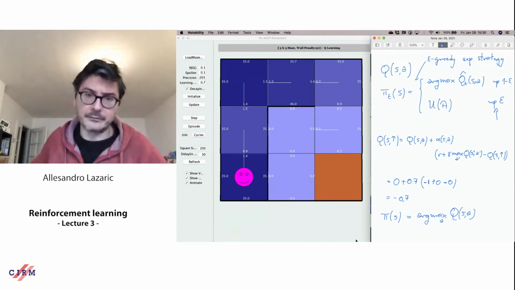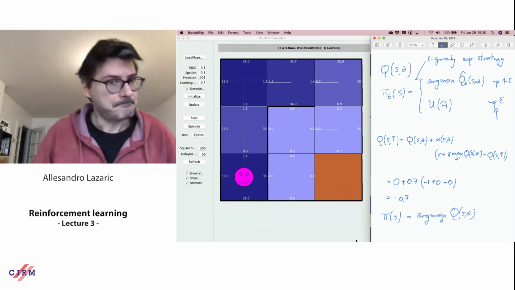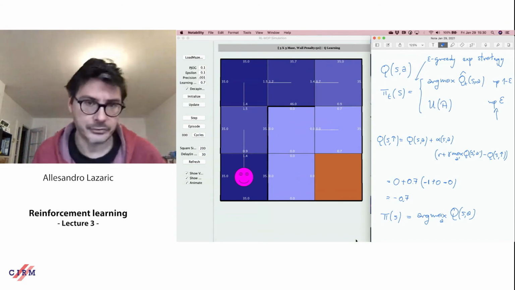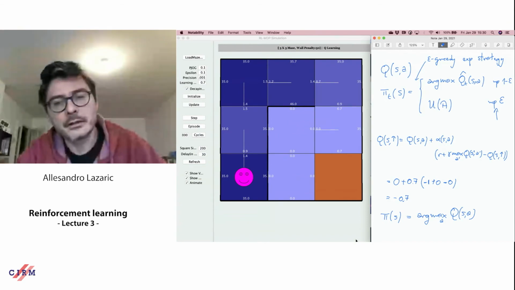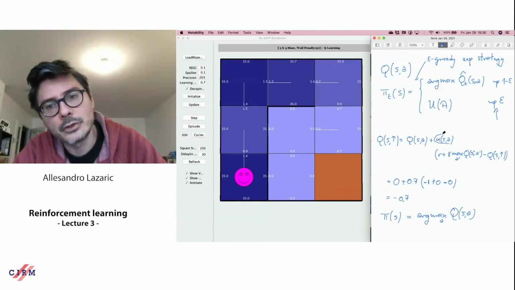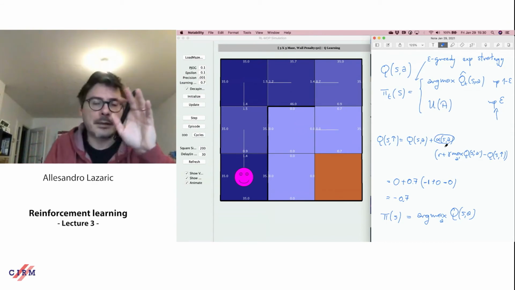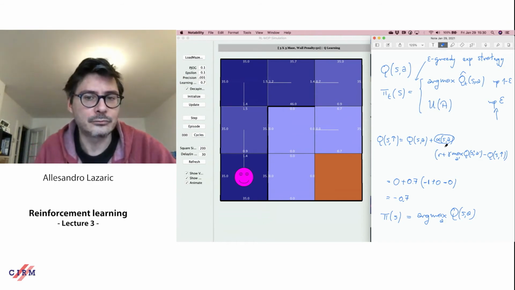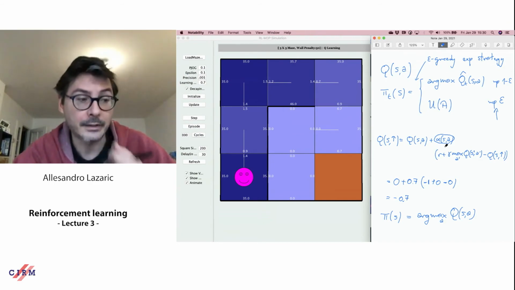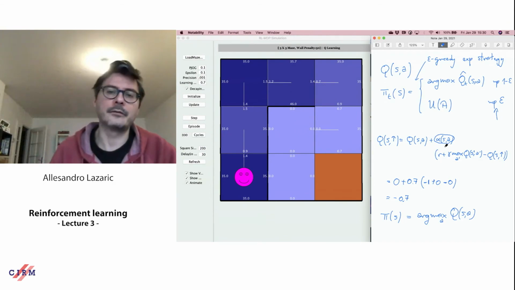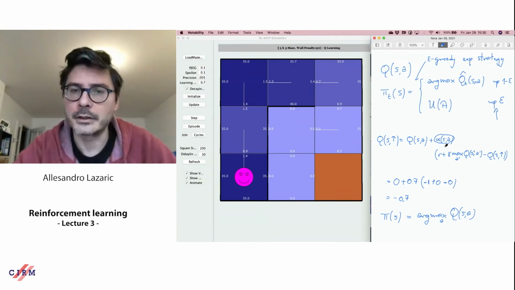A huge negative reward. So I might be very well convinced that that's really a bad action. Of course, I mitigate it by the learning rate. So I'm not taking it as the full truth because I'm not entirely sure that that's the true value, because there is stochasticity, there are current estimates that I have.